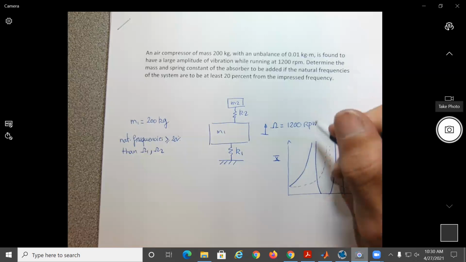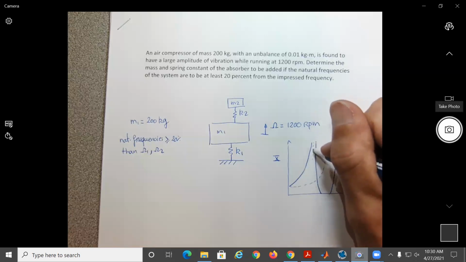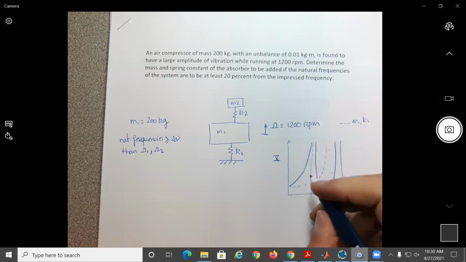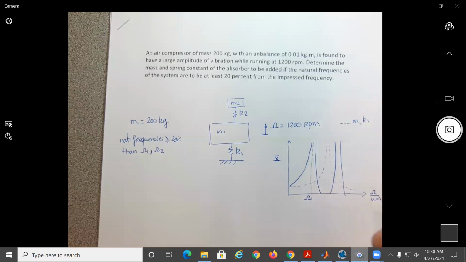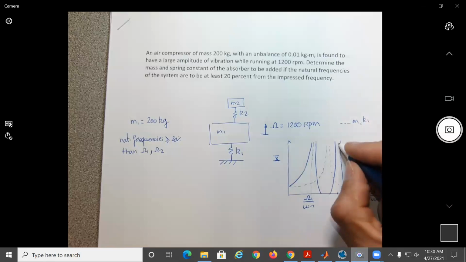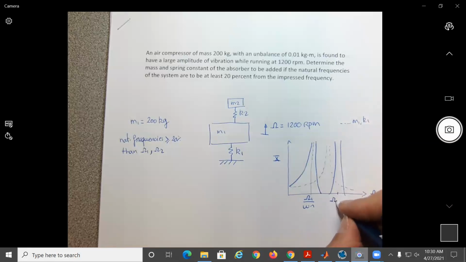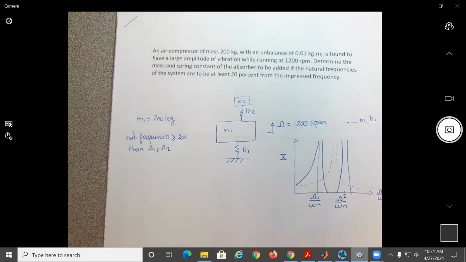What's important here is to realize that at this location we're gonna have capital omega 1 over omega n according to the figure, and at this location right in the middle, we're gonna have capital omega 2 over omega sub n. Now we need to find out what is the omega sub n here. I guess it's the omega sub 1.